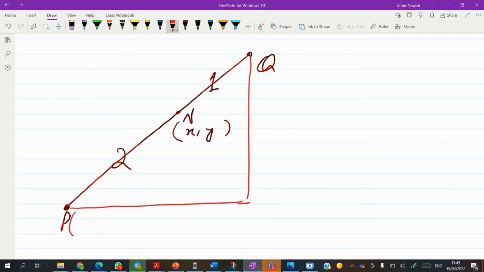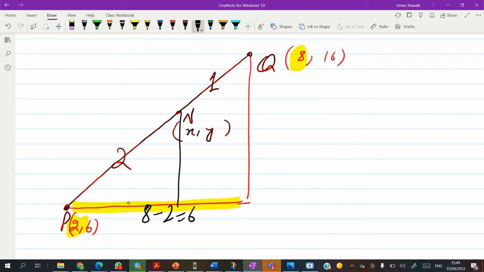For example, if it is (2, 6) and (8, 16), you need to know the horizontal distance. The horizontal distance is found by subtracting the x coordinates. So 8 minus 2 is 6. So the total is 6 units, and the 6 units will be divided into two parts: this is 4 and this is 2.